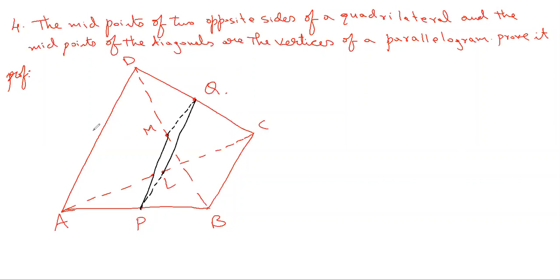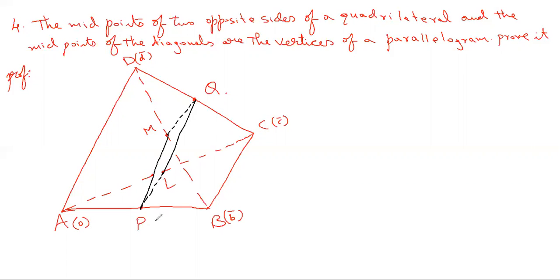As in the last problem, you need to take one of them as origin. Just take this as origin for reference. So take A as origin, and B as B bar, C as C bar, D as D bar.